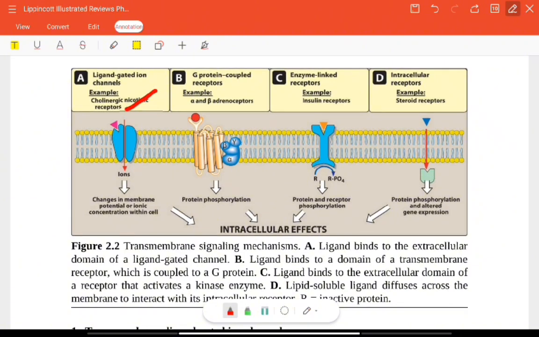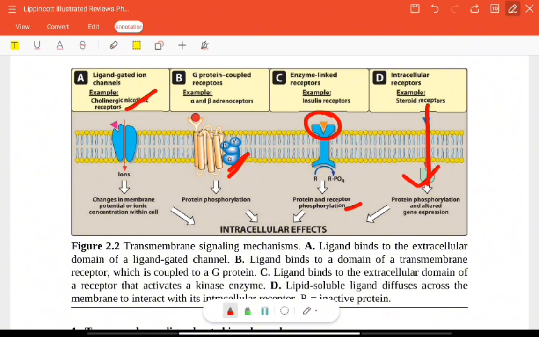G protein coupled receptors are alpha and beta adrenoceptors. Protein phosphorylation is occurring here. Alpha, beta and gamma G coupled proteins. Third, the ligand binds to the extracellular domain of a receptor and activates kinase enzymes. These are enzyme linked receptors. Then intracellular receptors, such as steroid receptors: a lipid soluble ligand diffuses across the membrane to interact with the intracellular receptor.